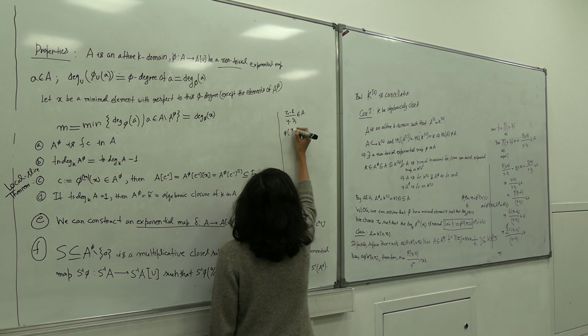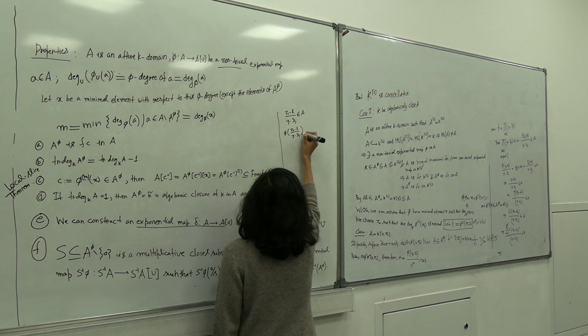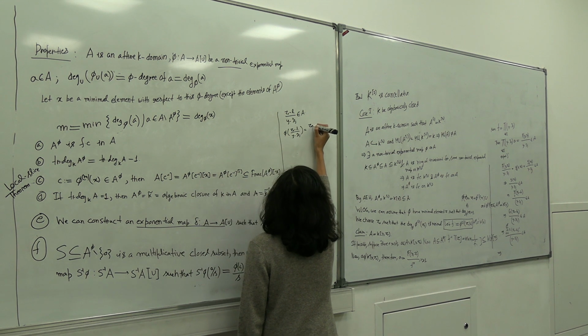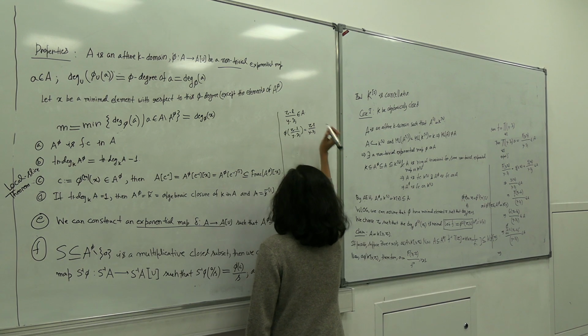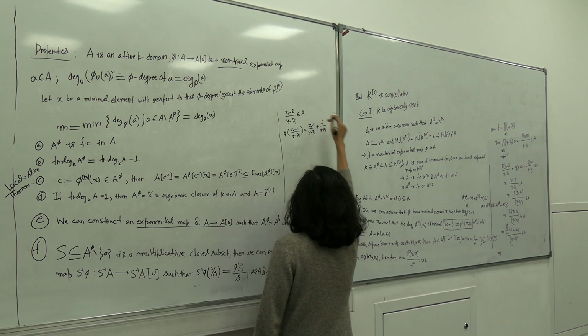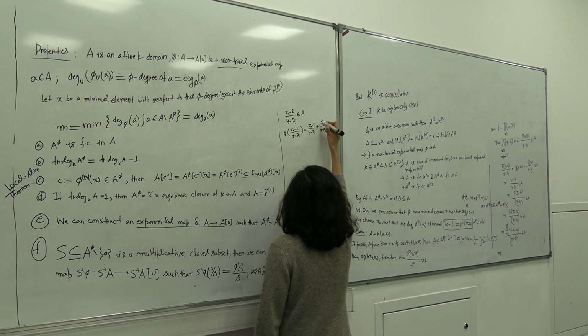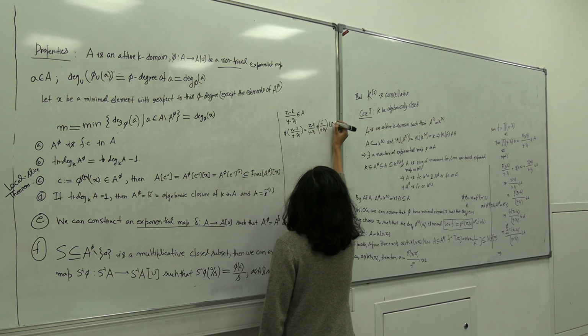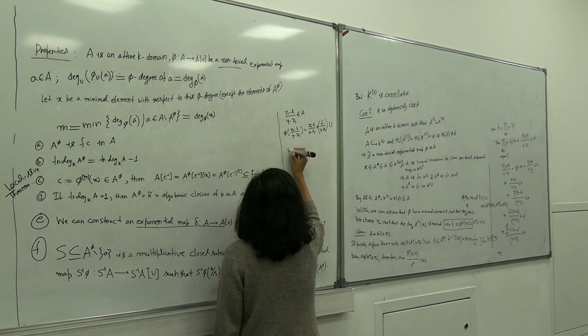Then phi of z0 minus L by y minus lambda j will be of this form: z0 minus L by y minus lambda j, which is inside A, plus f by y minus lambda j. Now look at the y degree of f by y minus lambda j.